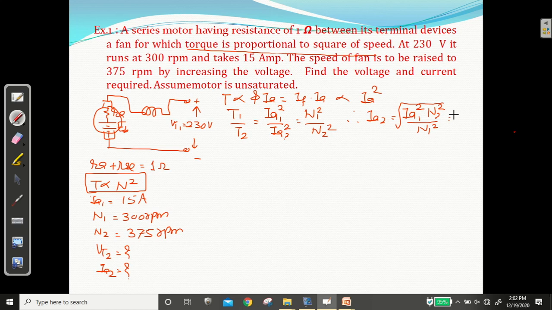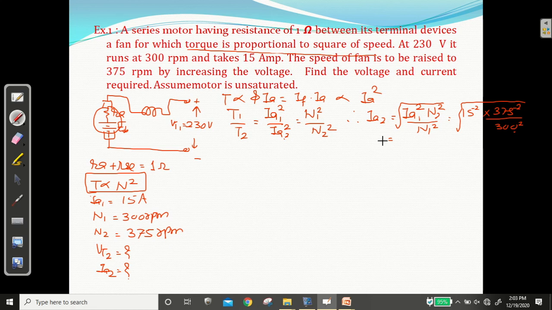So IA1 is given as 15 ampere square, into N2 which is 375, upon N1 which is 300 square, and under root of that you will get IA2.